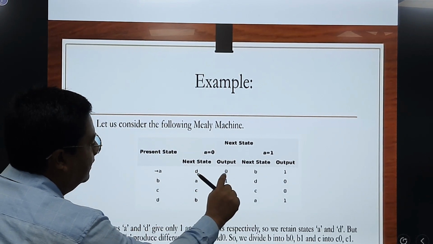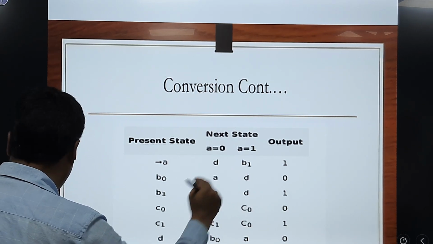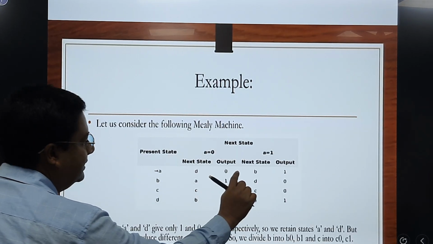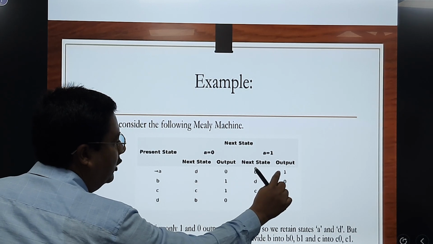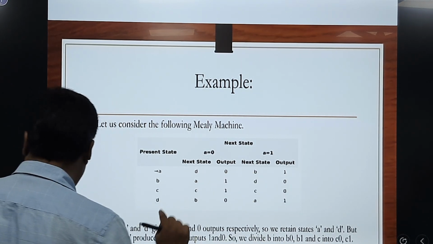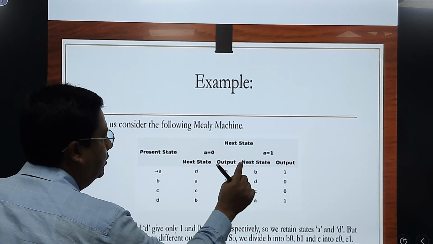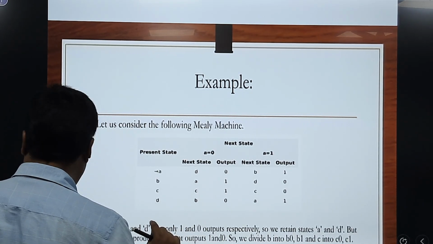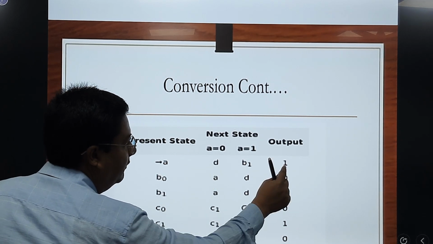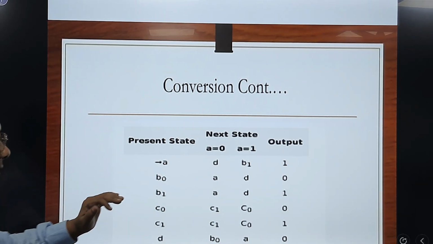This is D, 0. Only the state is taken. So D is the state, the next state is B, and the output is 1. So what will we write? We will write B1. The output at A is 1, so we will fill the gap and at output we will write 1.